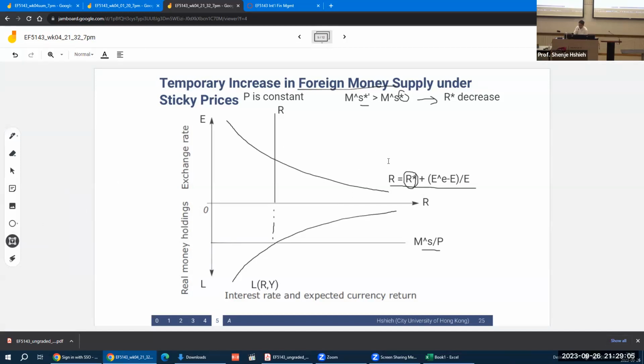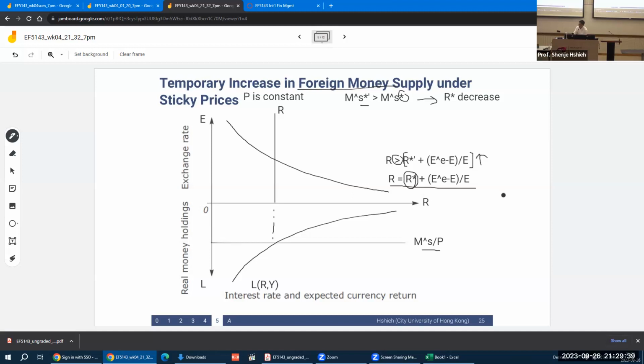If that's the case, then let's just walk through it mathematically first. We have R being greater than R star now. And in order to restore parity, all else equal, we need something here to change to make this entire right-hand side larger.